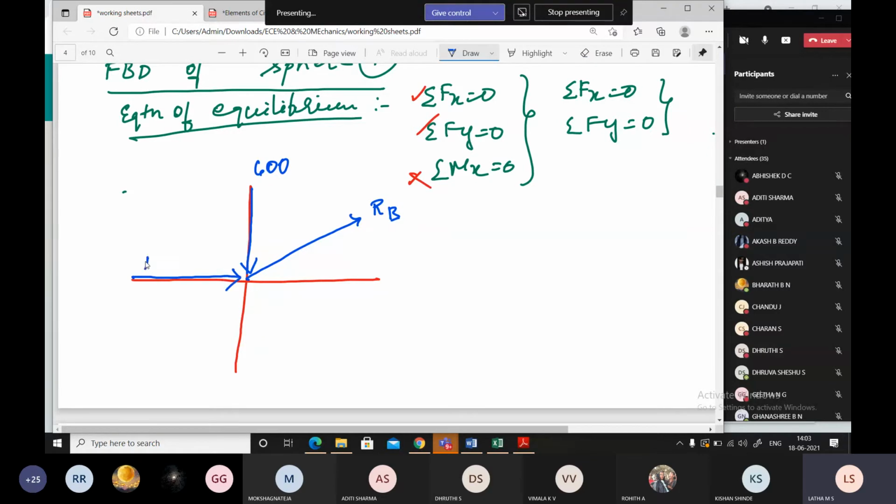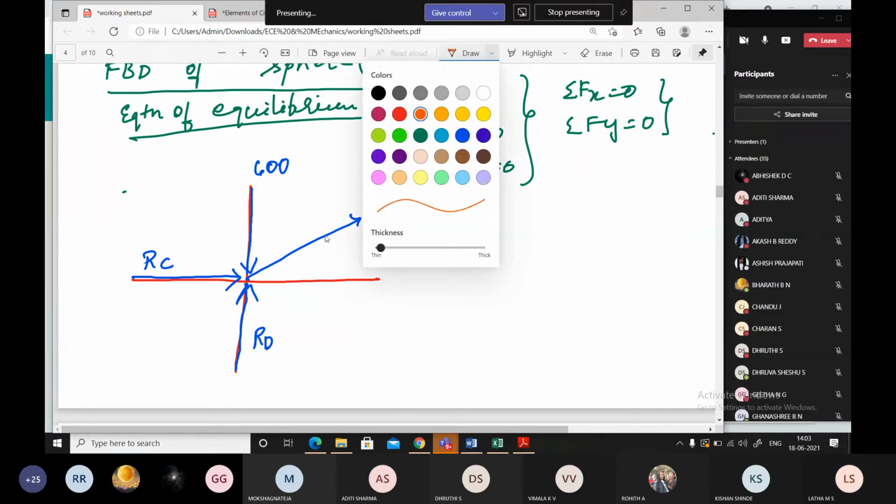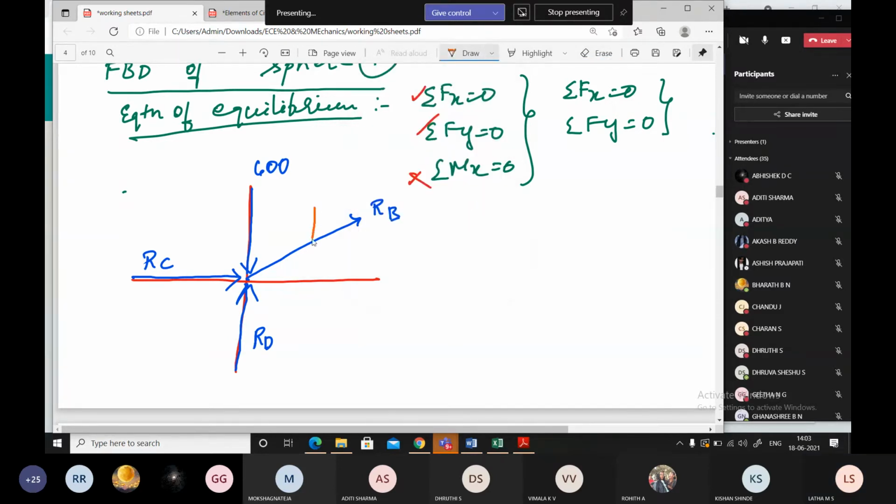This is RC. Then what is this? RD, ma'am. So you find only one force to resolve, the RB force. Isn't it? RB force has to be resolved.